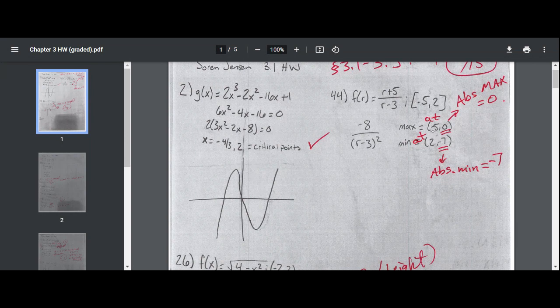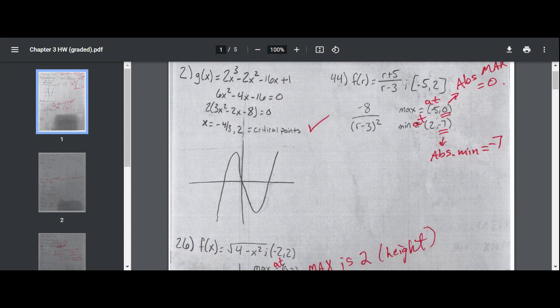So it's just where it occurs versus what it is. I just want to make sure you're square on that. You just answer the question. If it says, what is the absolute minimum value? That means the absolute minimum height value. So the answer for number 44 would be -7, sorry.